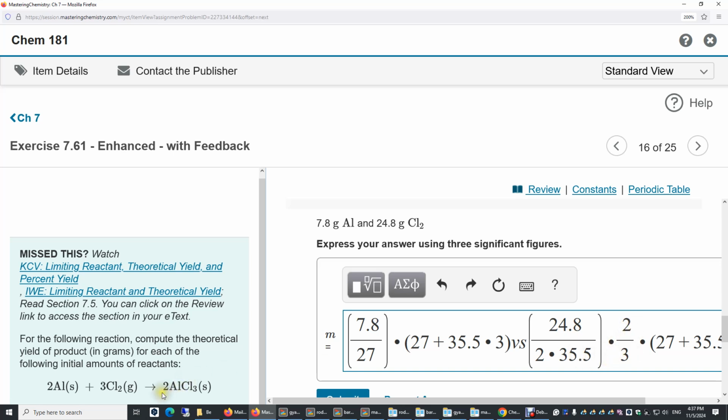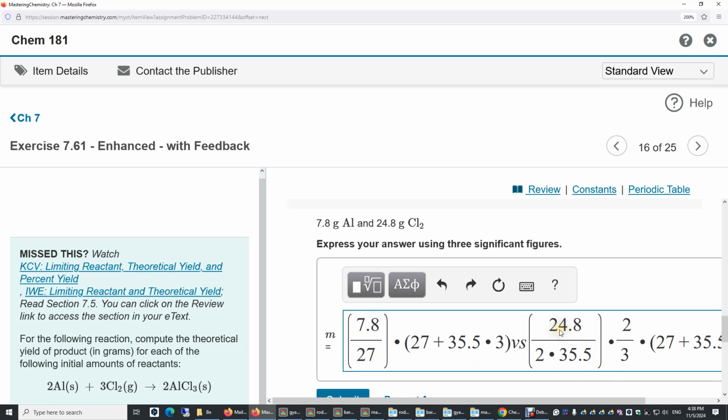Why 2/3? It's just because every 3 moles of chlorine 2, we get only 2 moles of product. Now numerical comparison, 7.8 over 27, it's a bit less than 0.3. You can double check.